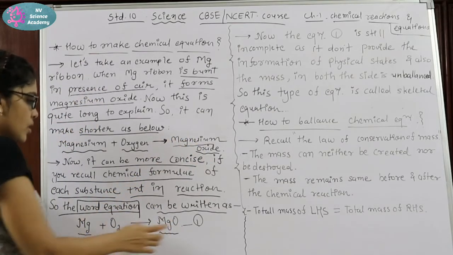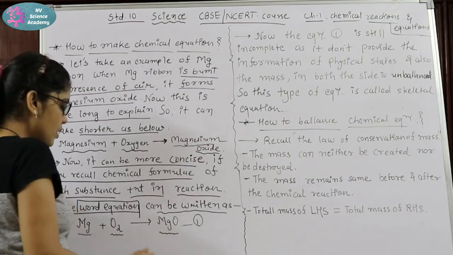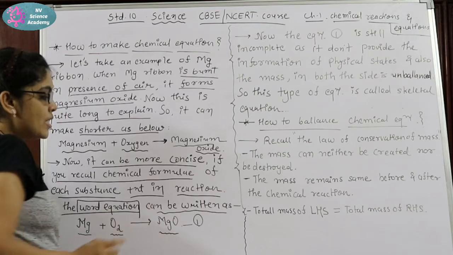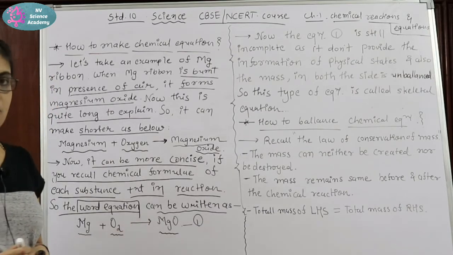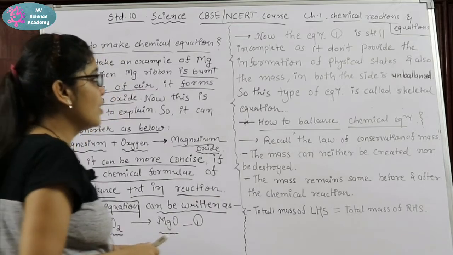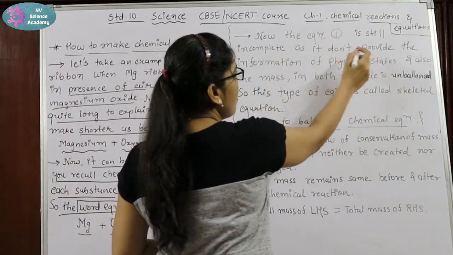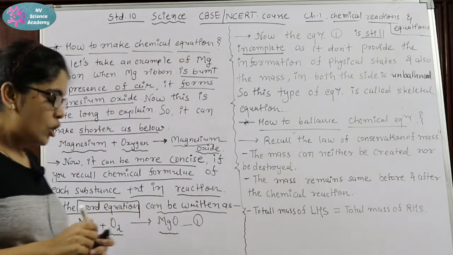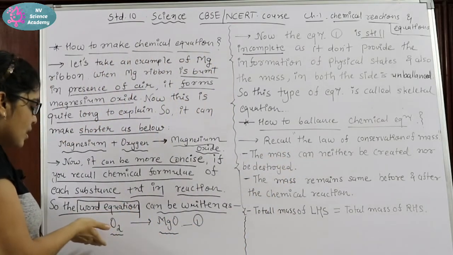Okay, so we give the number 1. So this equation number 1 is called a skeletal chemical equation. We will see what a skeletal chemical equation is. The equation number 1 is still incomplete. Why is it incomplete?